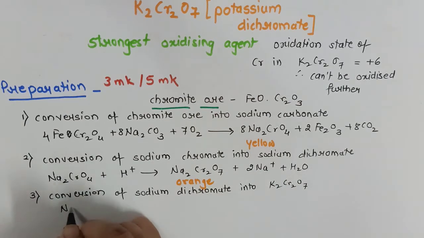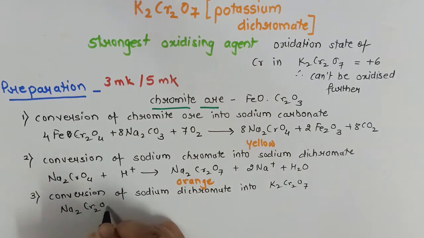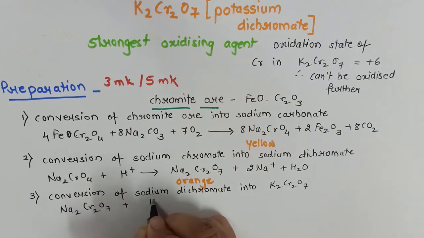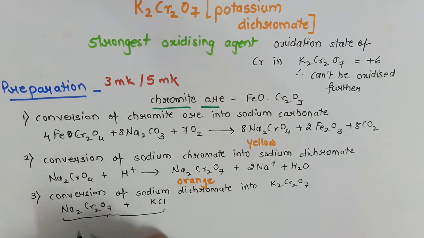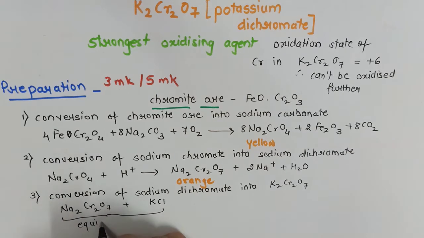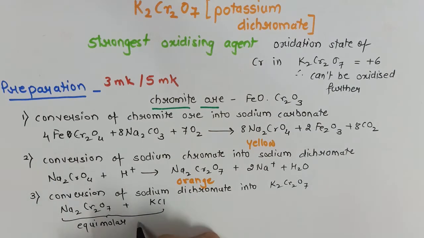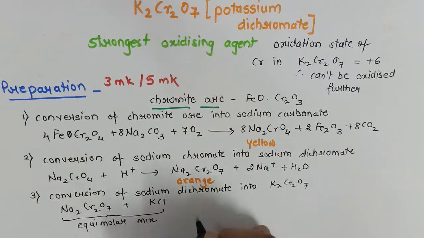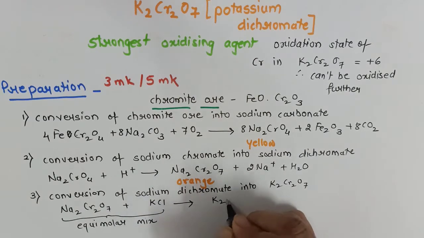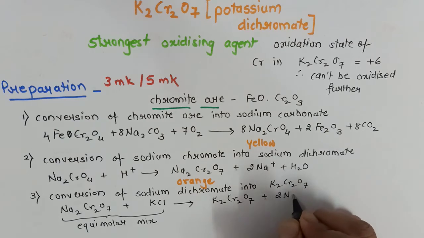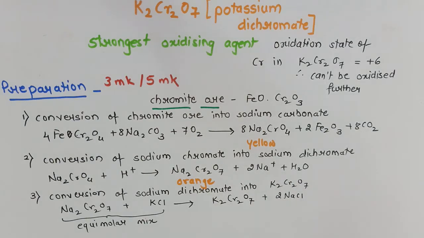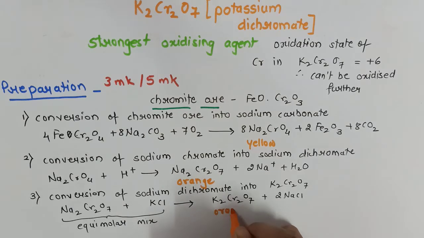So orange colored sodium dichromate is treated with potassium chloride, but remember it is an equimolar mixture, where it gives pure orange colored potassium dichromate along with sodium chloride. So we have to remember that potassium dichromate is also an orange colored compound.